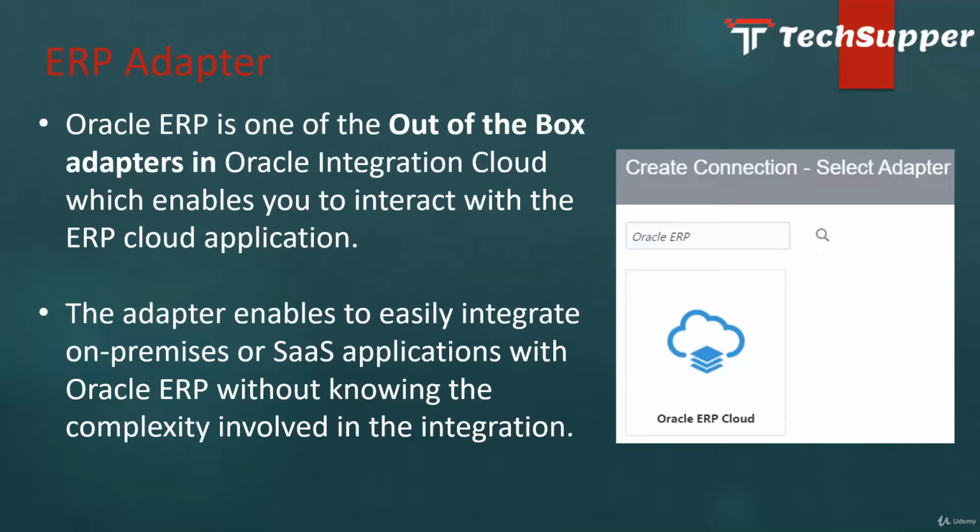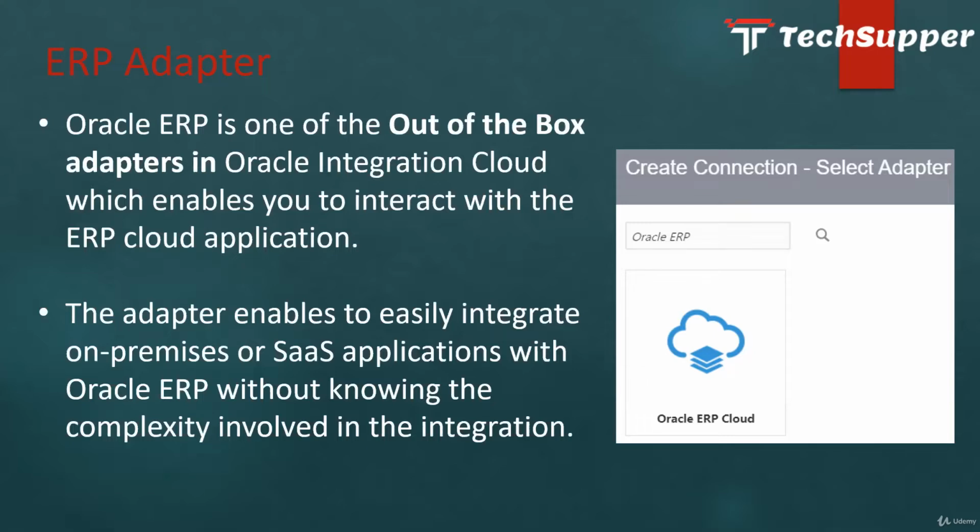ERP adapter. Oracle ERP is one of the out-of-the-box adapters in Oracle Integration Cloud, which enables you to interact with the ERP cloud application. This ERP adapter can be configured with both the roles, trigger as well as invoke.